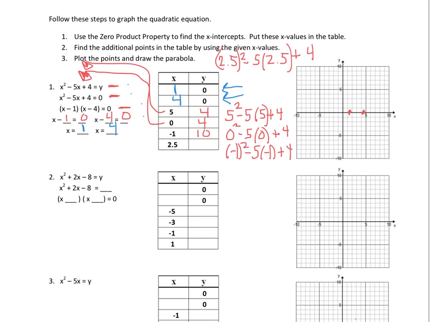So let's do the math here. 2.5 squared minus 5 times 2.5 plus 4 is, calculator just lost it on me. I got -2.25.